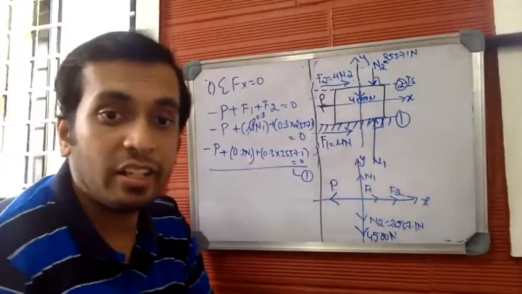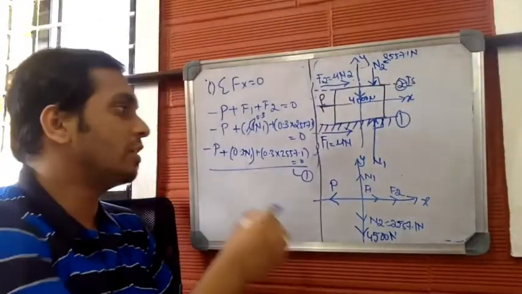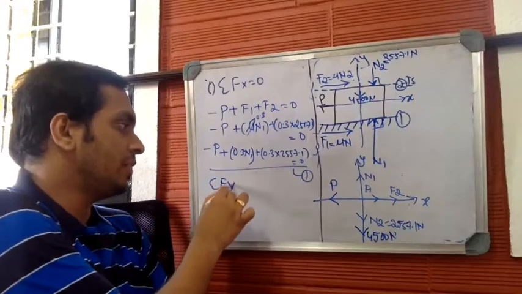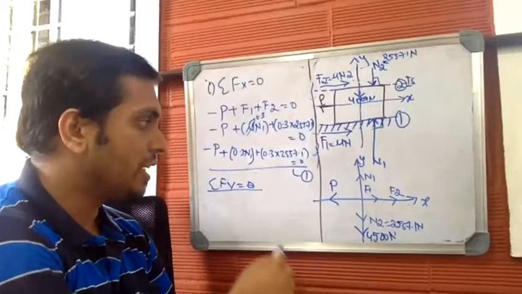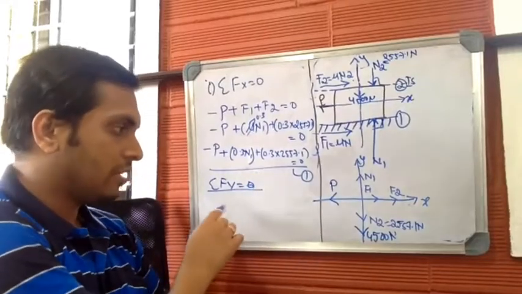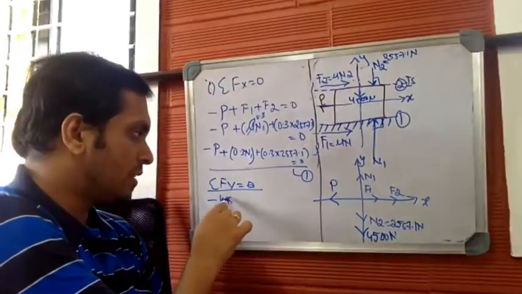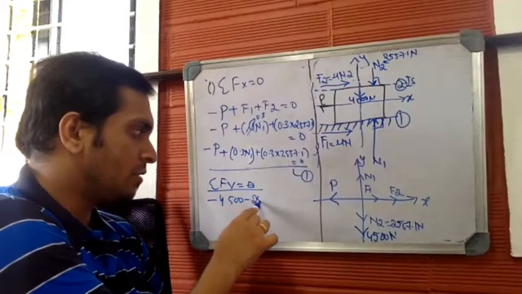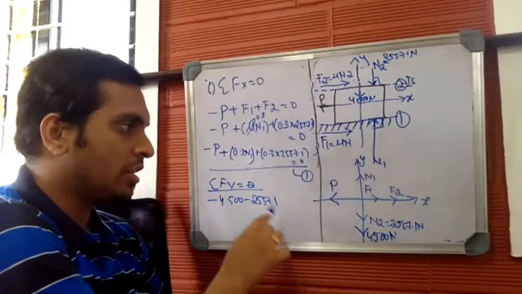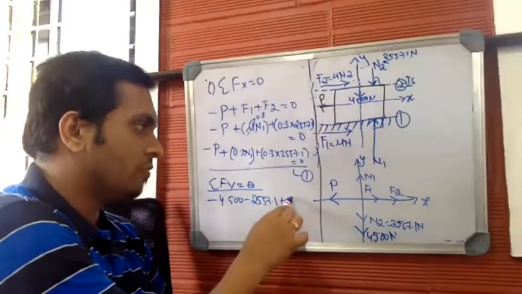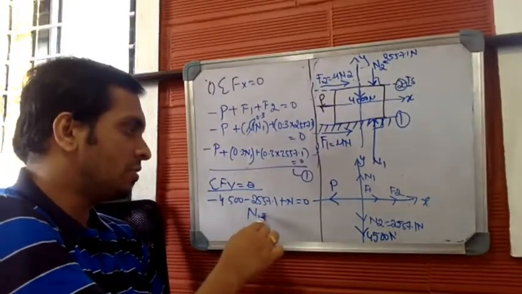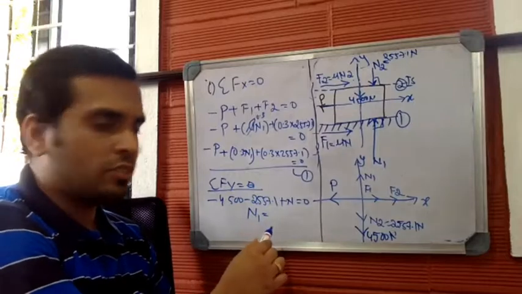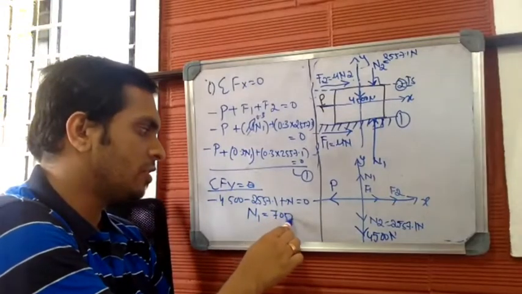Now apply the second condition of equilibrium, which is summation of Fy equal to 0. How many forces do we have in the y direction? We have minus 4,500 minus 2,557.1, which is N2, plus N1 is equal to 0. So we can straight away find the value of N1 here. N1 is 7,057.1.